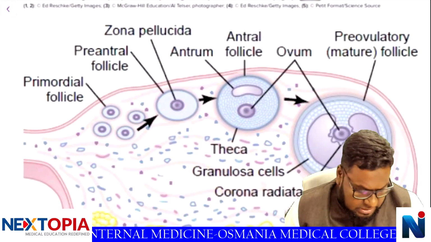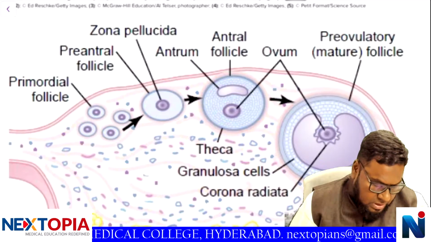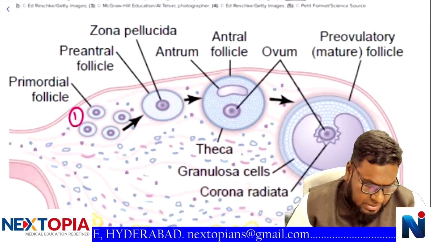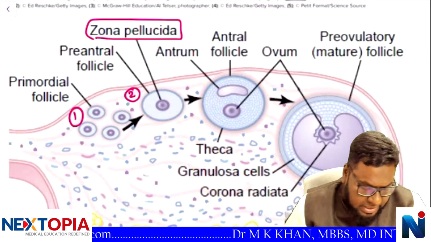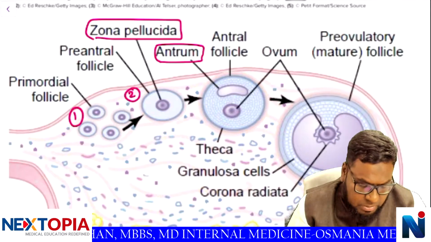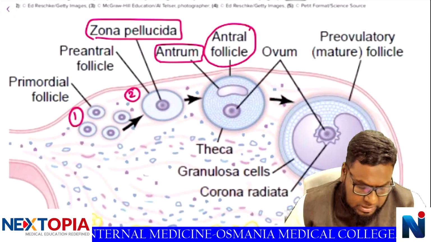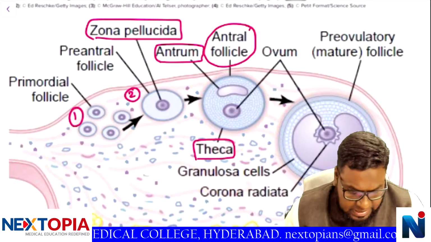To quickly revise, in my last class, the primordial follicle was the first stage. From here it has become preantral follicle, which has a zona pellucida surrounding it. Then an antrum cavity develops, resulting in formation of the antral follicle. The thick cells surrounding this structure we call theca externa and theca interna.